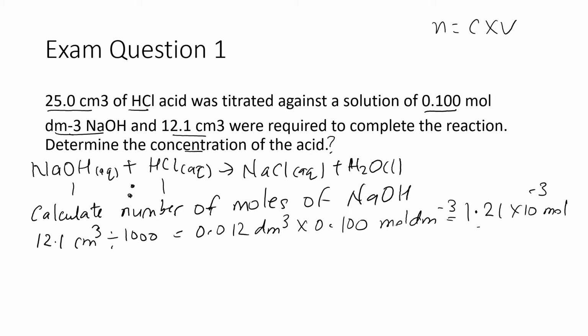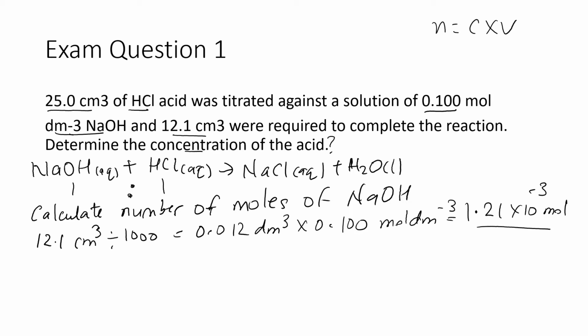So you now have figured out the number of moles. Now, like I said right at the start, the ratio is 1 to 1, which then means I can assume that the number of moles for HCl is also 1.21 times 10 to the minus 3 moles.